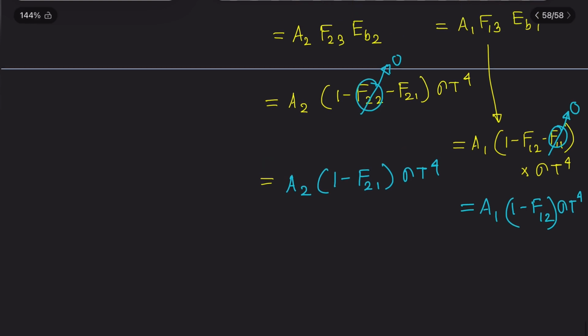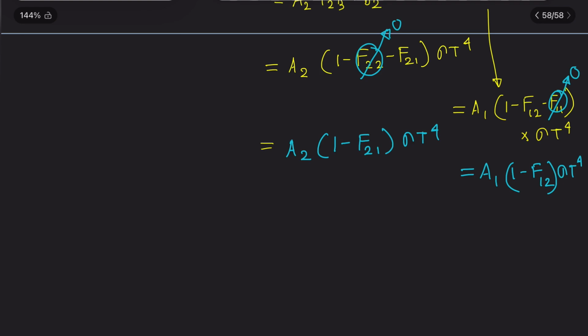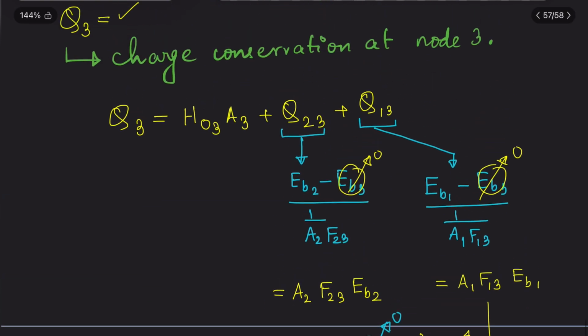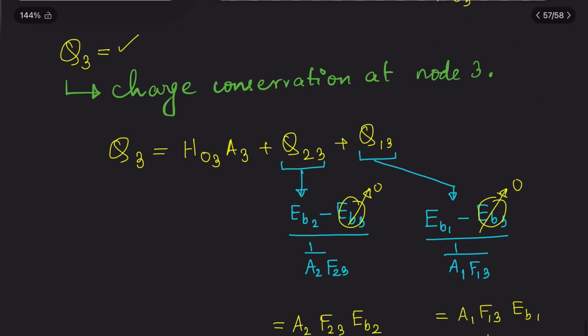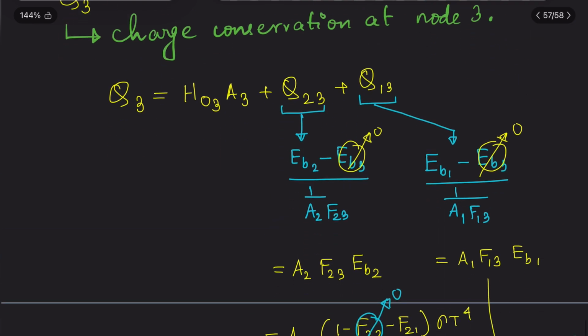So finally I can directly write that both of them are equal to A into 1 minus F12 into sigma T to the power 4. Clear? Fine. So I have found Q23 and Q13.